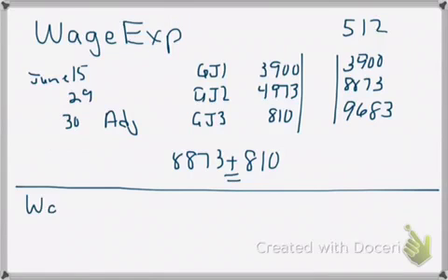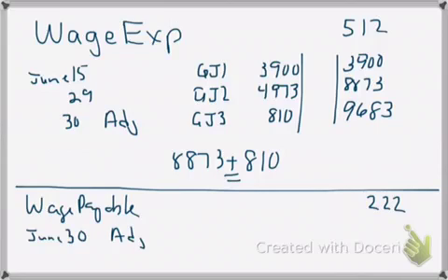Then we have the wage payable. And so wage payable doesn't have anything in it right now. That is account 222. And so what we would do with the wage payable is we would do the date of June 30th. It is an adjusting entry found on page 3 of the General Journal.